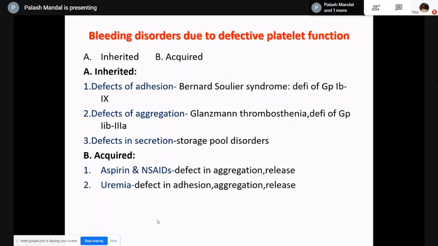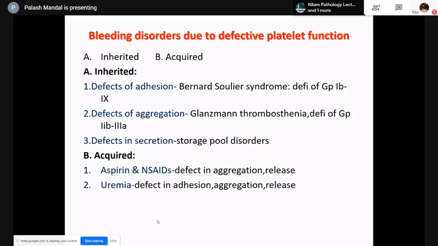So if more platelets come together, the initial clot will be more stable. Okay, if the platelets come together but fail to adhere to the blood vessel endothelial wall, that leads to the defect of adhesion. So defect or deficiency in GP1B9 and the deficiency of GP2B3A leads to these inherited problems.